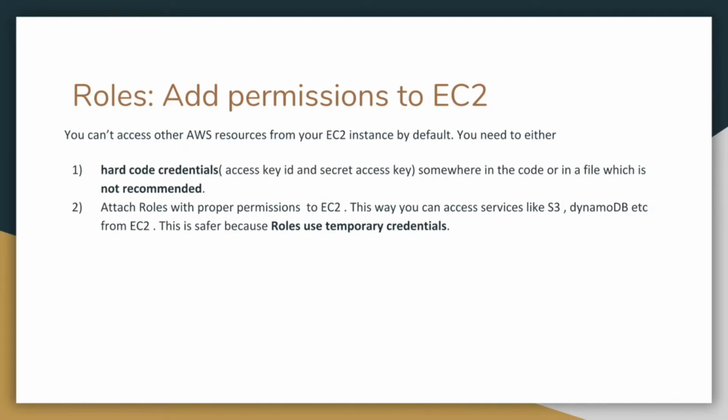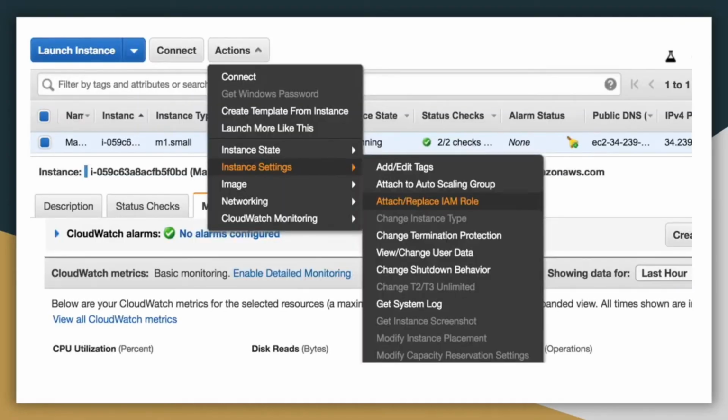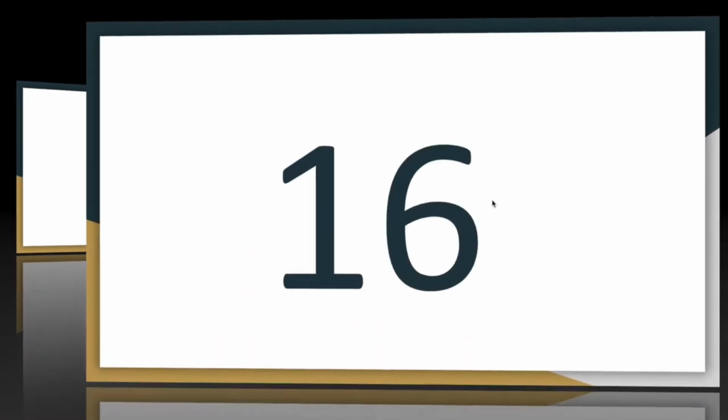We have a lab on roles and access keys coming up, so you can have some practice on this topic. To add the roles, you just select the instance, you click on Actions, Instance Settings, and Attach/Replace IAM Role. Let's move on to fact number 16.